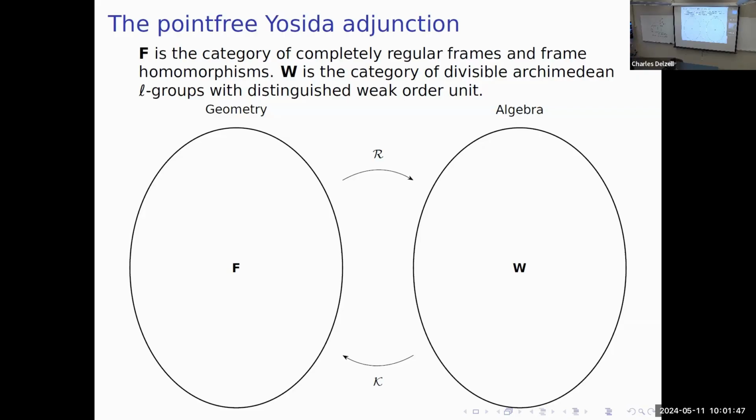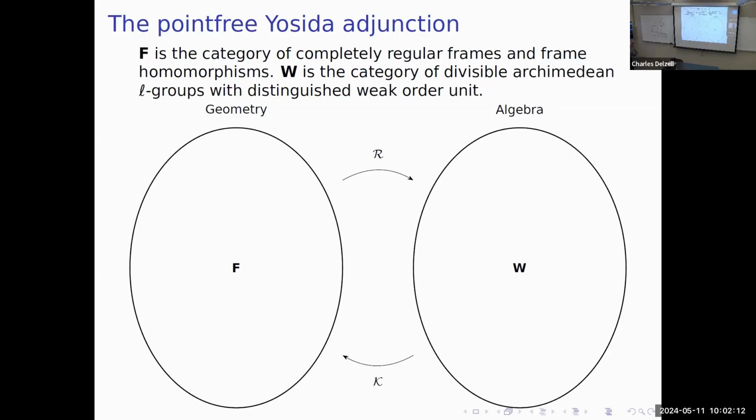And the connections are, on one hand, the functor from left to right called R, that's Banaszewski's R. That's the functor which to each frame assigns the W object of frame functions from the topology of the reals to the given frame. So I will make frequent mention of R of L, and that's what I mean by it.